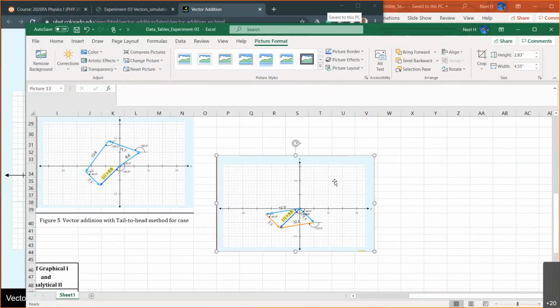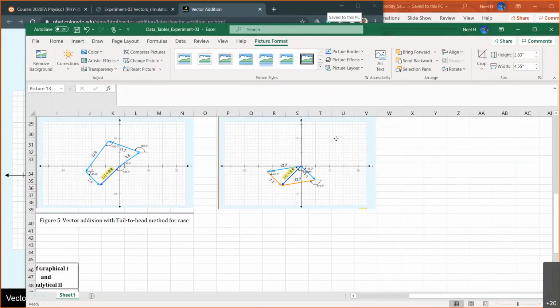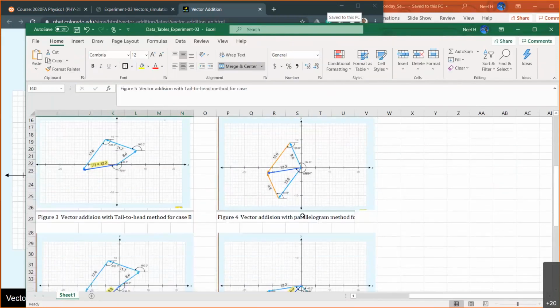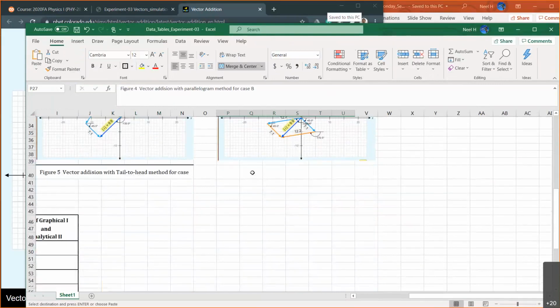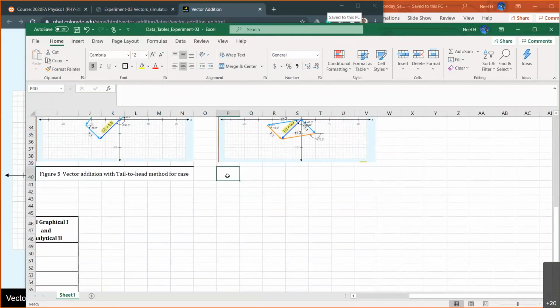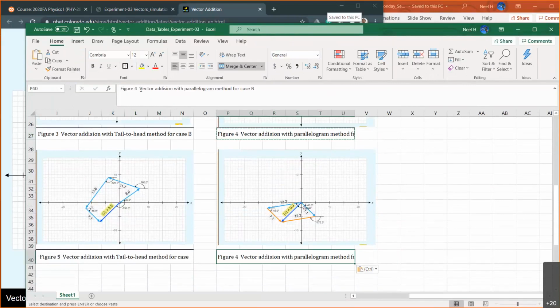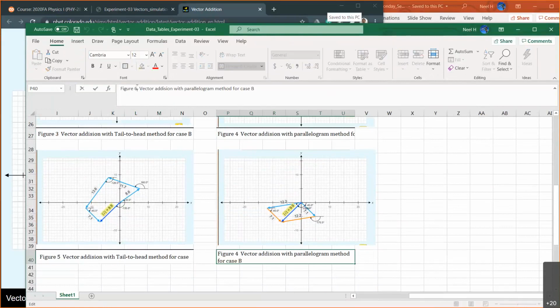Okay, so that's our sixth figure, and that should be for KC, parallelogram. You have to name it properly. That is figure number 6, and this is for KC.